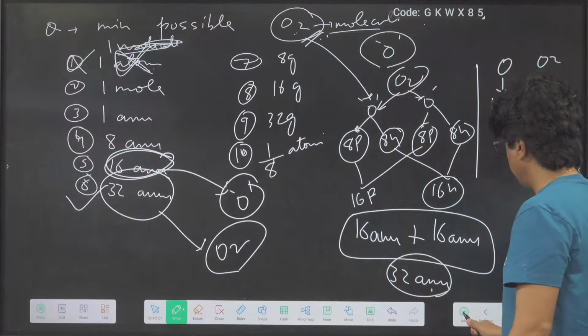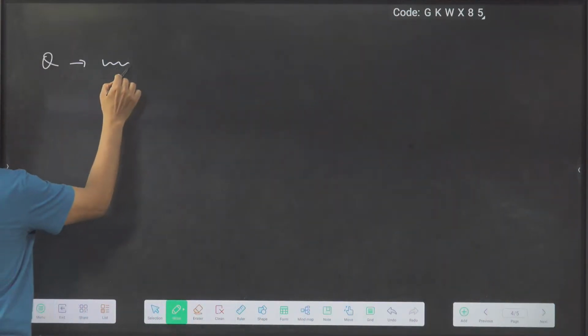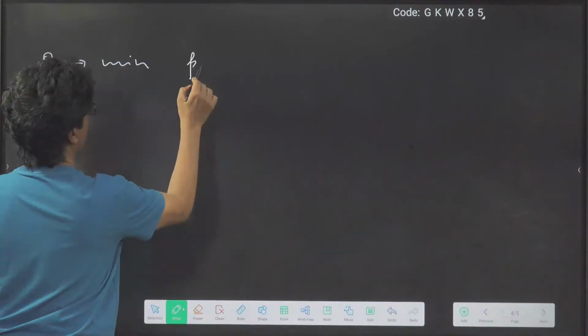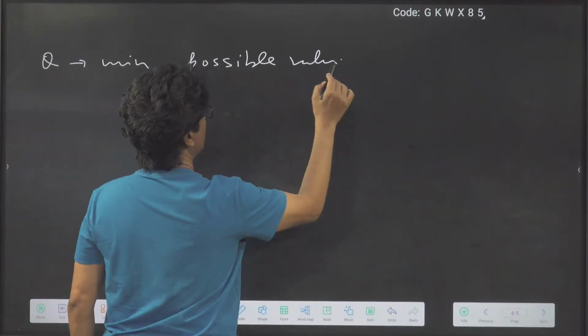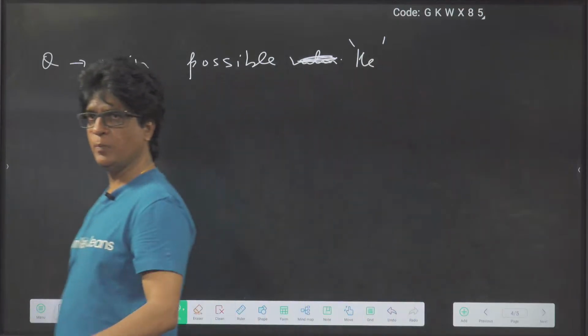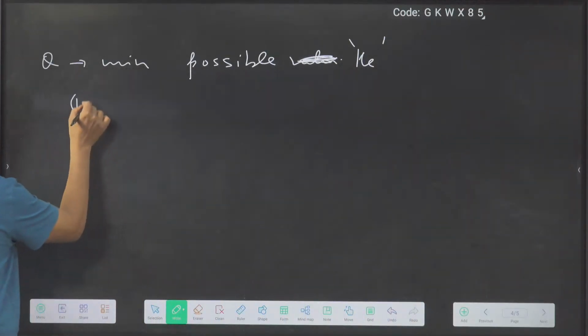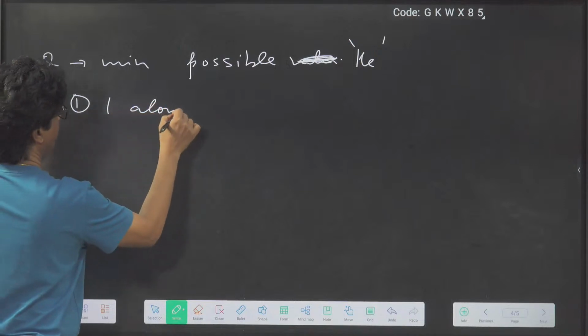Okay, chalo, theek hai. Similarly, I'll ask you one more thing. Come on. Similarly, the minimum possible value, I mean, of helium, right? Let's see how many people are aware of this as well. First answer is one atom.